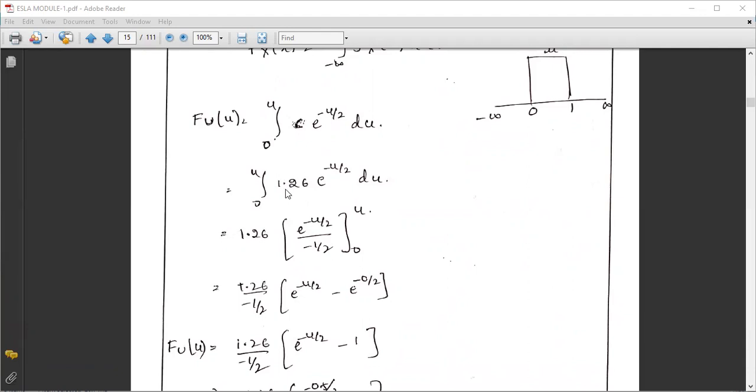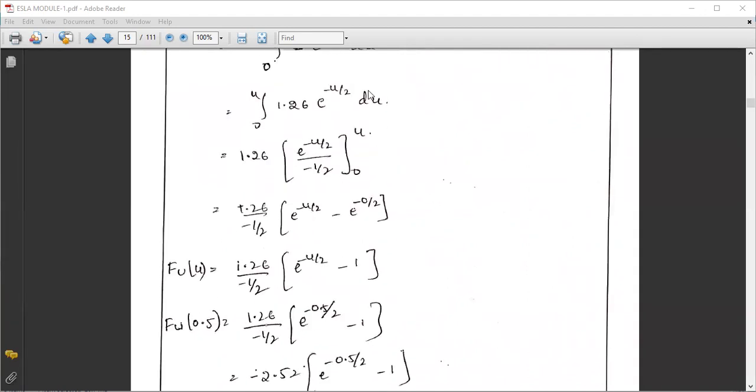The constant 1.26 is taken outside the integral and we integrate e power minus u by 2. The integration of e power minus u by 2 gives e power minus u by 2 divided by minus 1 by 2, within the limits 0 to u.